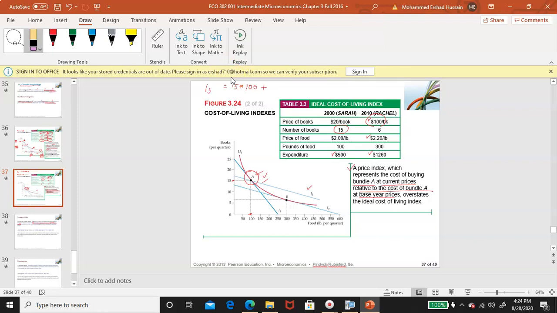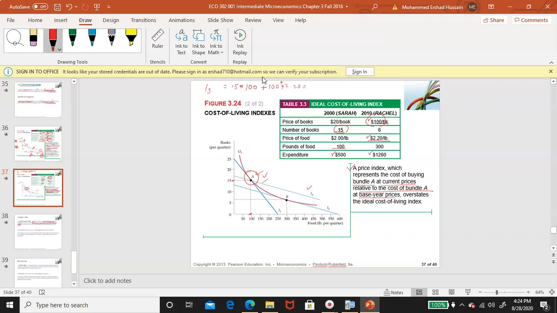So pounds of food is 100 multiplied by 2.20, right? 100 pounds of food at 2.20, and this is 15 books at 100.